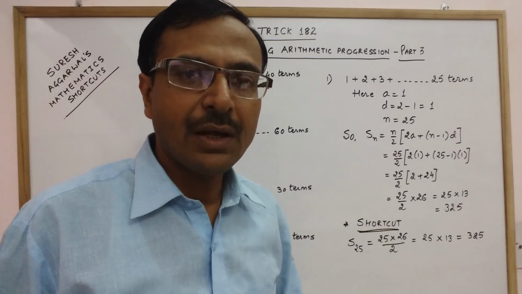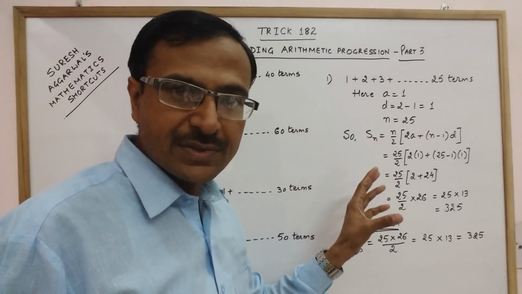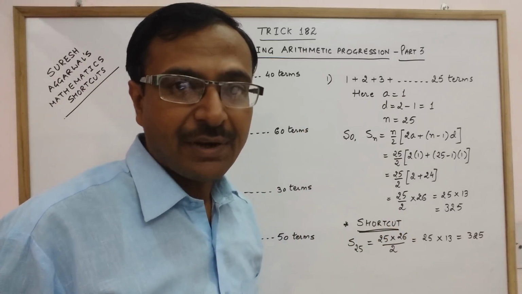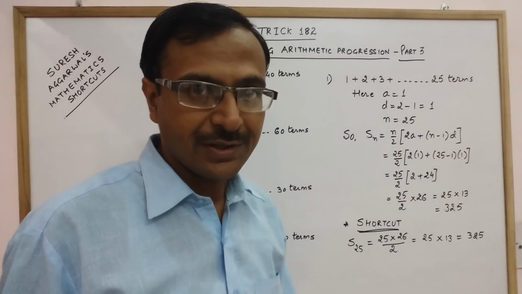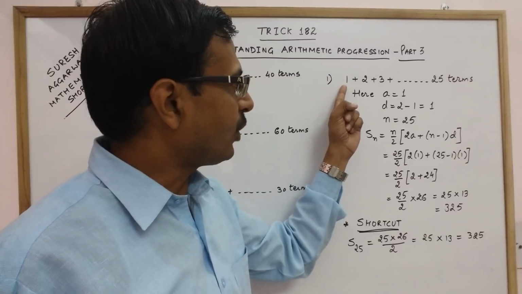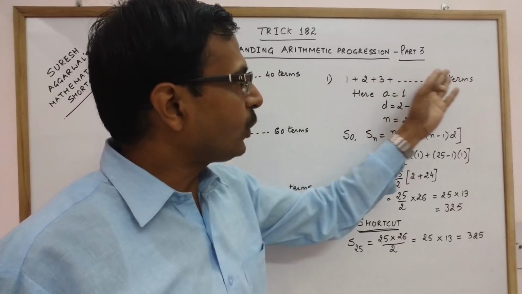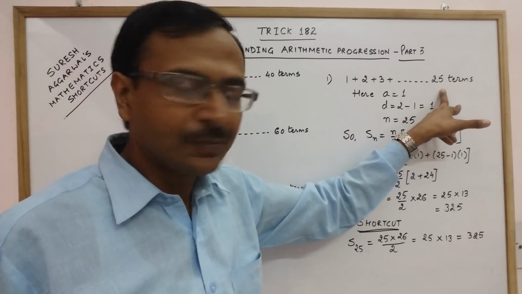So whenever we are given an arithmetic progression of natural numbers, then we can find the sum of that series using a shortcut. Now, traditionally, when we are asked to find the sum of 1, 2, 3 up to any number of terms, say for convenience sake, I am taking 25 terms now.